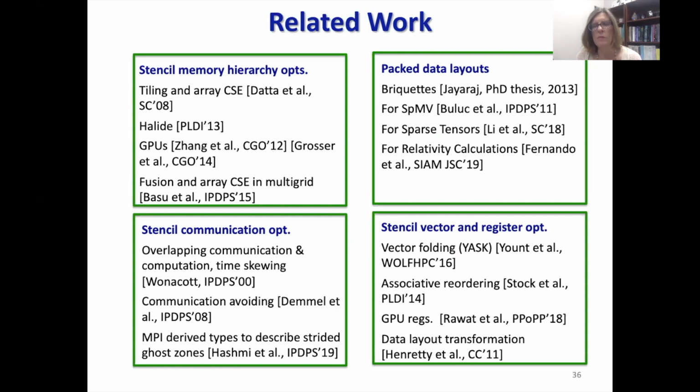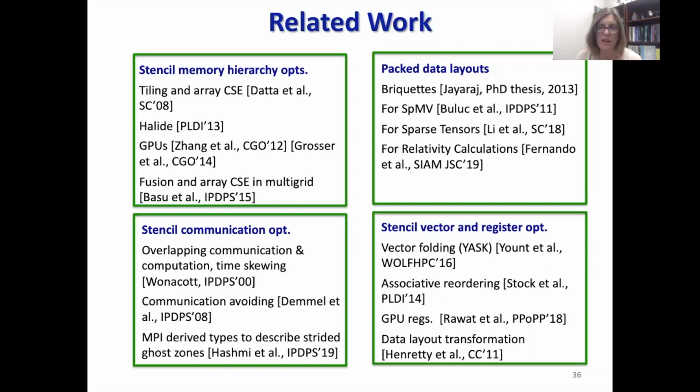And moving to the right, there is also recent work on stencil vector and register optimization, really trying to get performance out of the code that's generated. So vector folding, I mentioned earlier, is part of YASC.